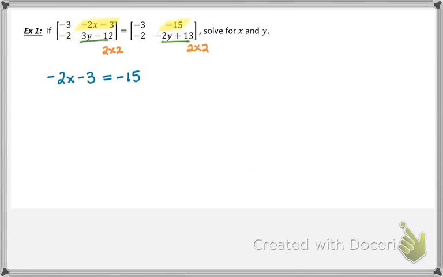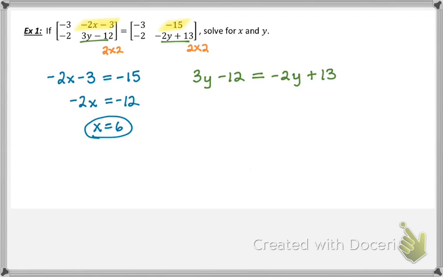If these two matrices are equal to each other, then 3y minus 12 should be equal to -2y plus 13. Okay, and what x value would make these equal? Let's solve for x. -2x equals, add 3 on both sides, -12. Divide by -2, x equals 6.